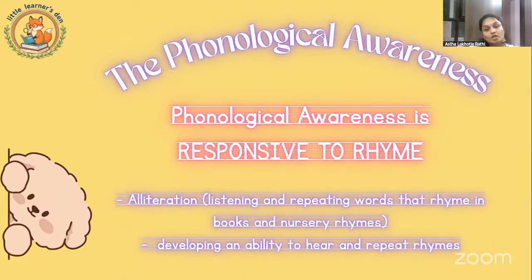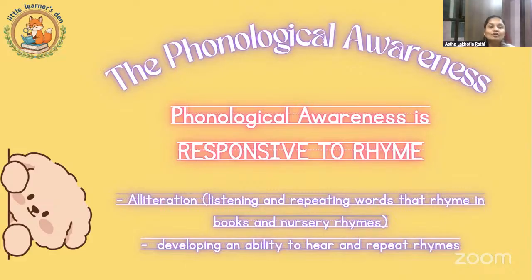Then phonological awareness includes responsiveness to rhyme. Here it does not mean that they will be creating rhymes. It means alliteration, as in they will be listening to and repeating words that rhyme in books and nursery rhymes. They enjoy listening to these things.